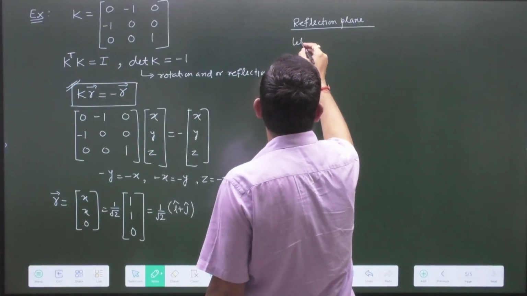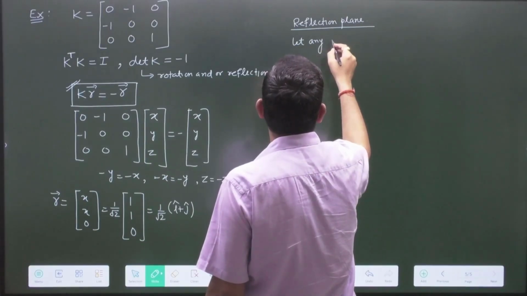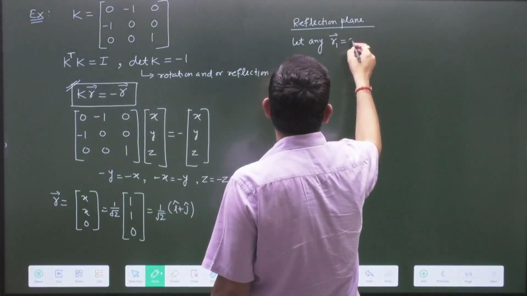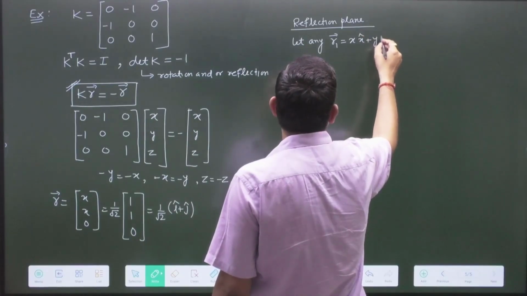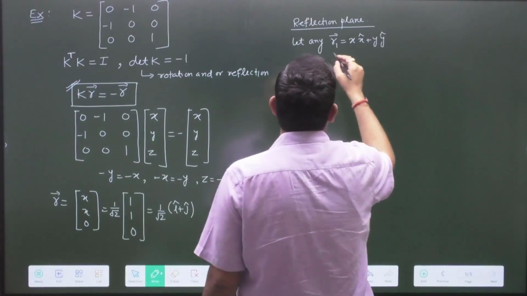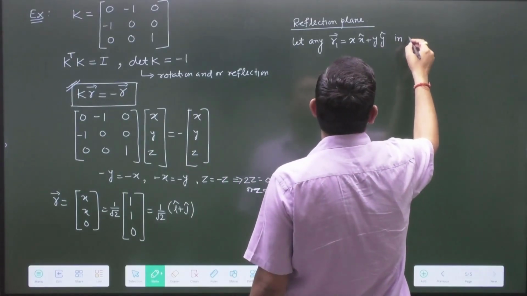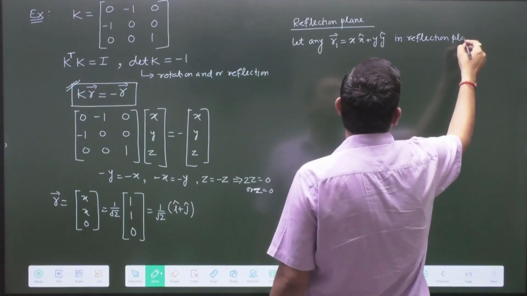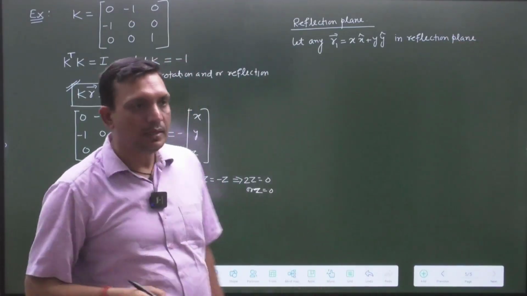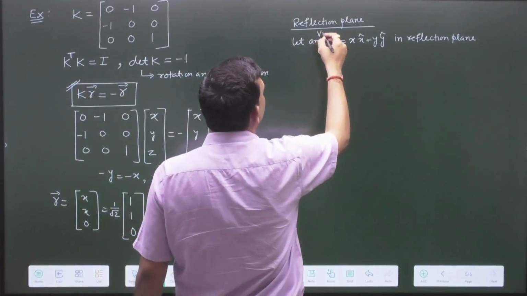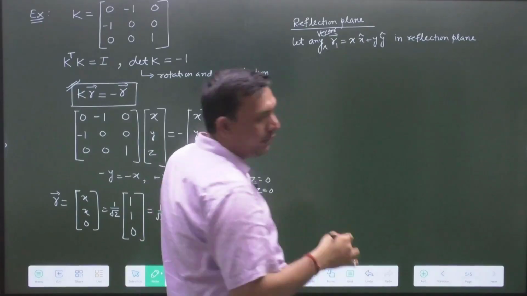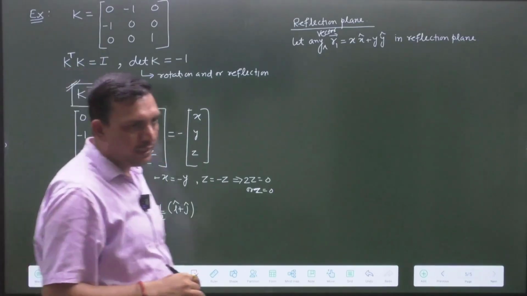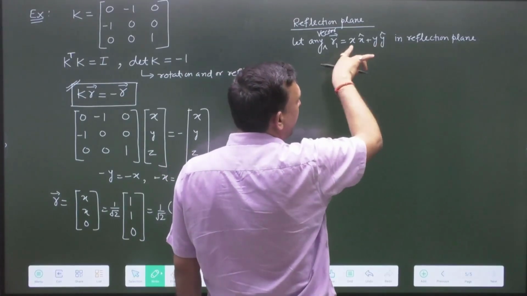Let r dash or r1 be any vector in the reflection plane.